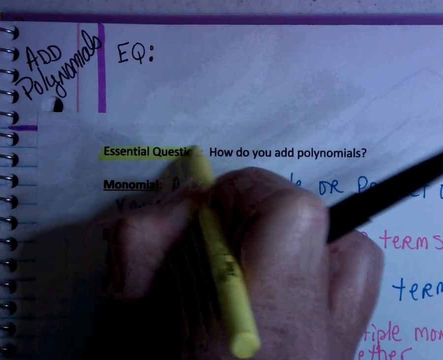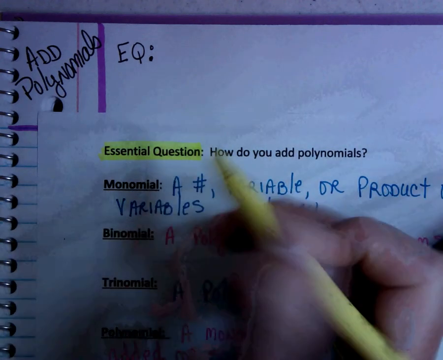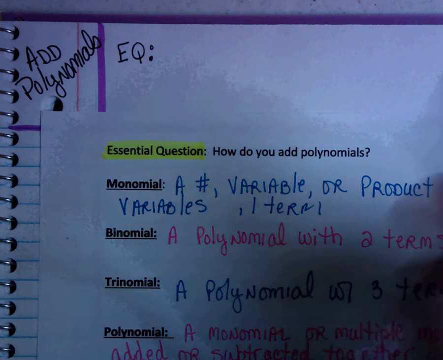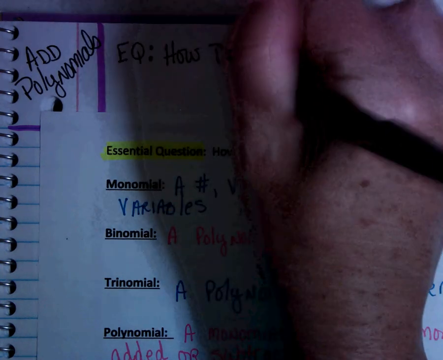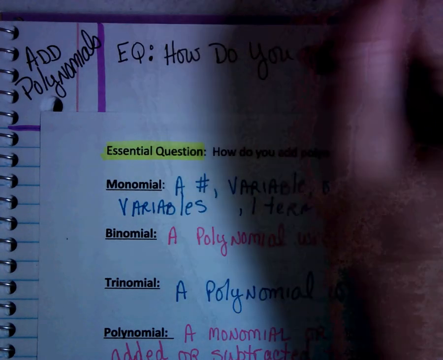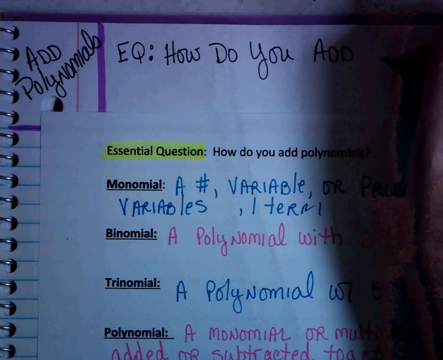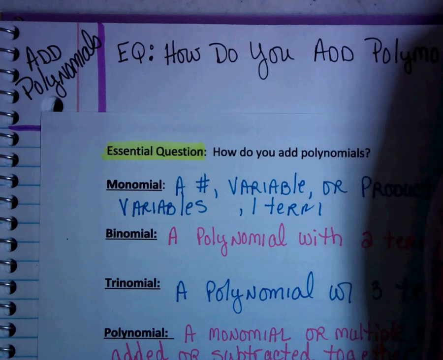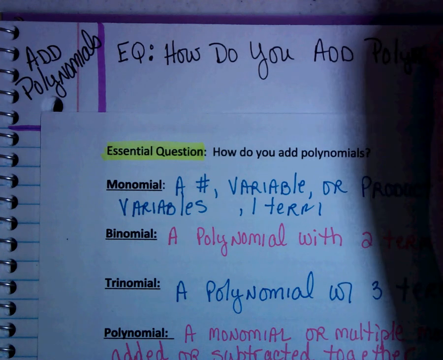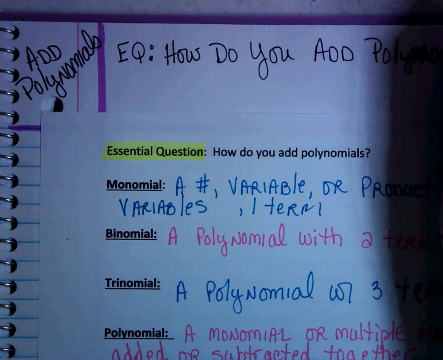However, I am going to stop doing this eventually, and so what I would expect you to do is write your essential question right here. How do you add polynomials? And so I'm just writing it so you can see. Whoops, I spelled it wrong. Polynomials.